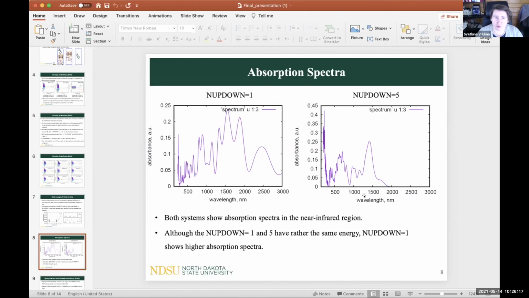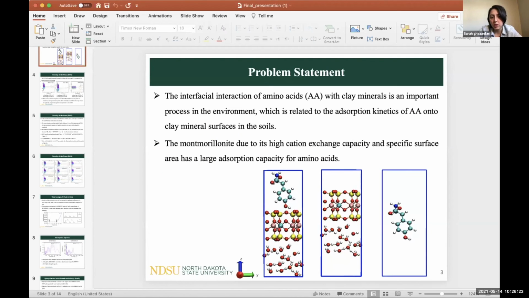I didn't get it. Where do you have water? You don't have water in your calculations. Of course, we have it for the whole system. Here are the water molecules. Okay, I got it. Water, montmorillonite, and amino acid.